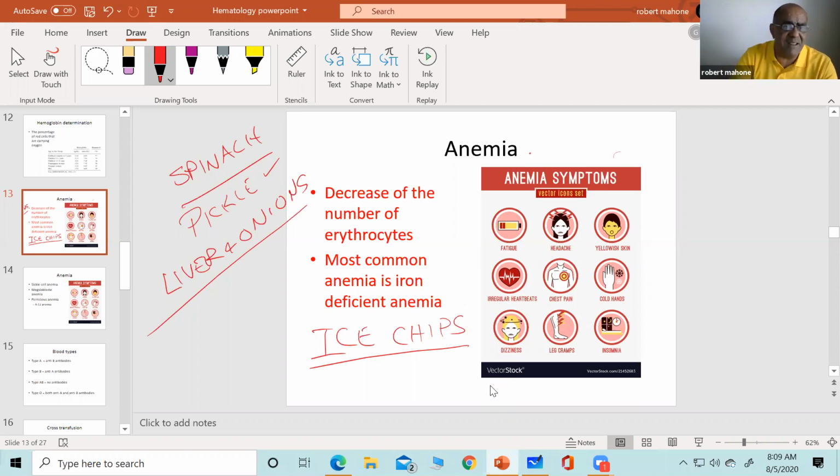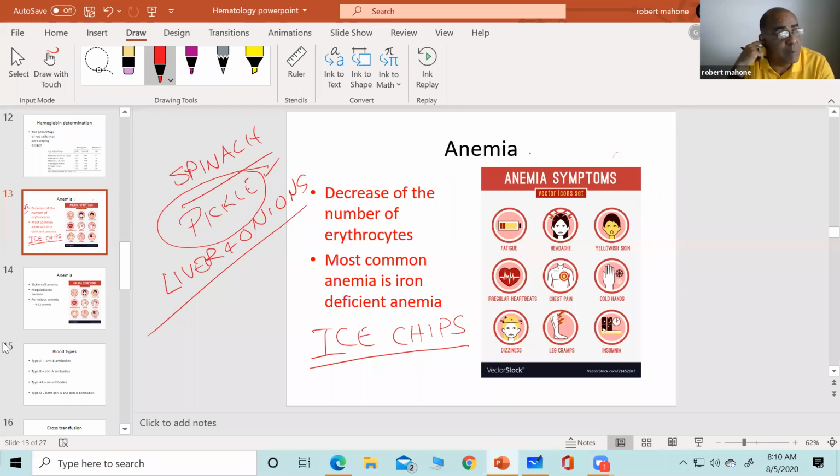Made me gag every time. Now my mama knew what was going on. She's like, boy, leave your sister alone. She needs that. I'm like, whatever, man. That's just nasty, drinking pickle juice right out of the jar. She was going after that iron. And that's why pickles are the most common craving for pregnant women.